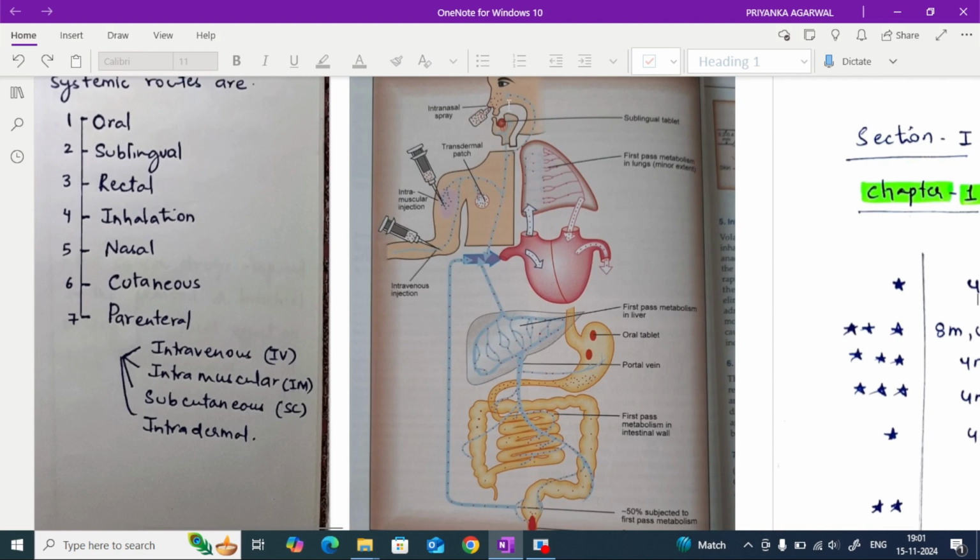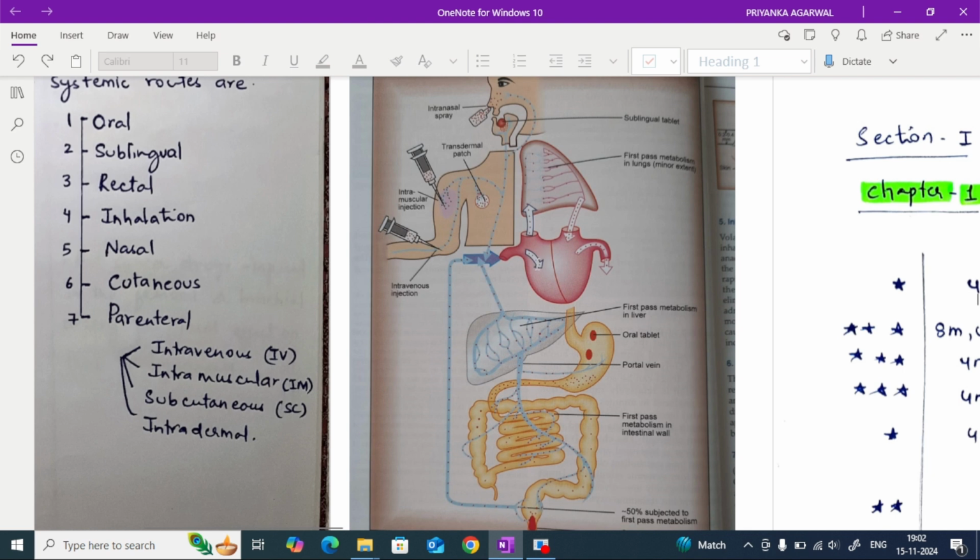Via the oral route, the drug goes from the oral cavity and reaches the stomach here. When the drug is absorbed from the stomach, first pass metabolism is the metabolism happening to a drug while passing from the site of absorption, that is the stomach, to the heart, that is the bloodstream.